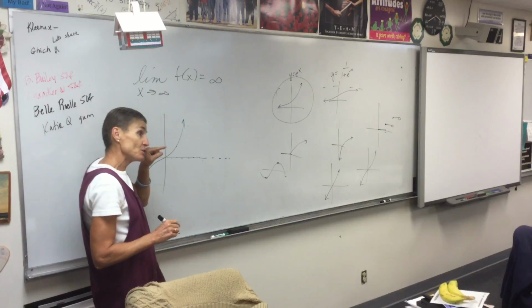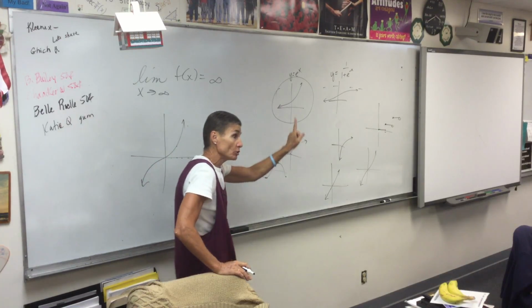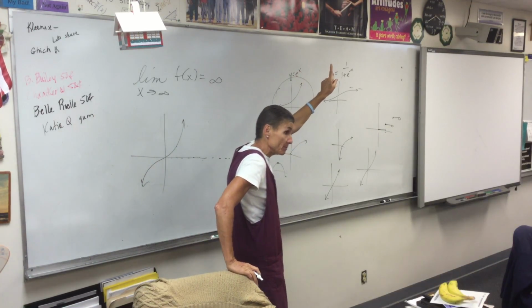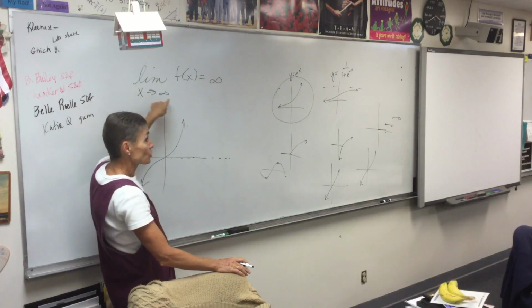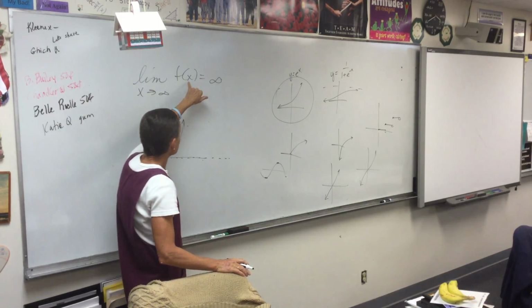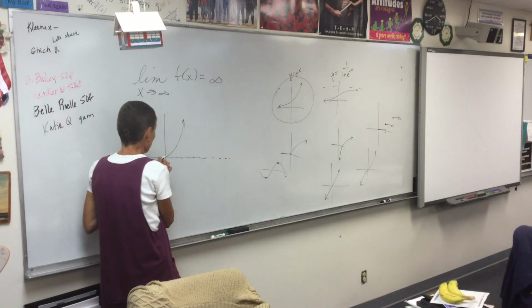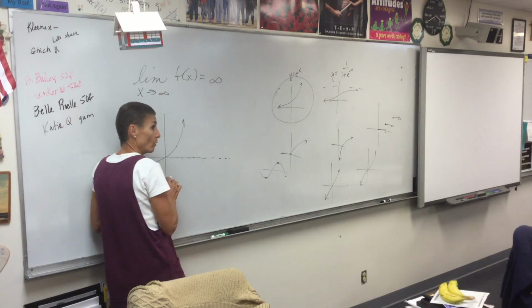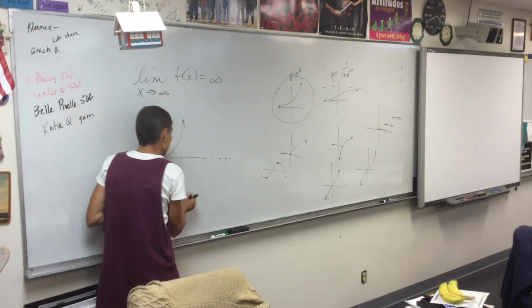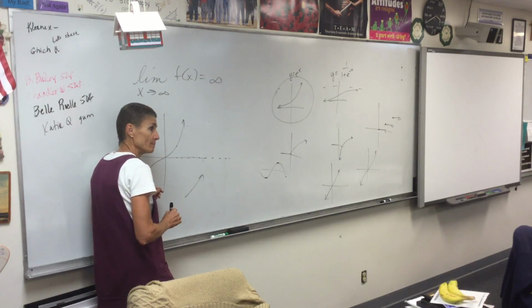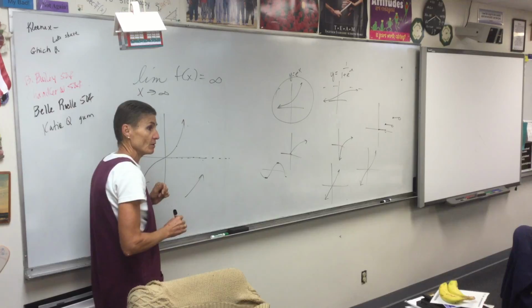So that means as you go out, you're also going up. This says x is going to the right. This says y is going up. So in this picture, as I go to the right, do I also go up? So any picture that shoots up like that is going to have that end behavior.